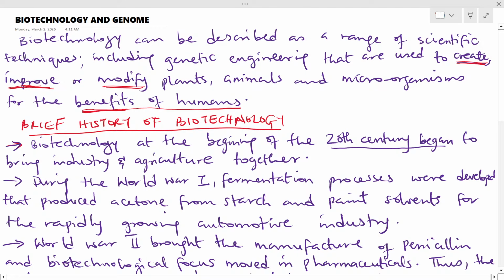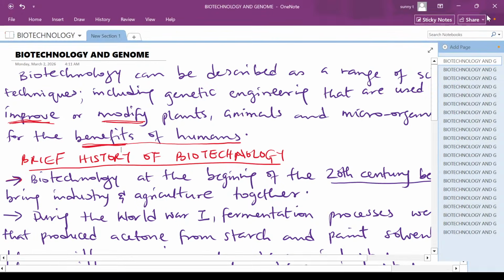And all of that is used for the benefit of man, and they use it to create, to improve, and to modify plants, animals, and microorganisms. So that's pretty much what genetic engineering is.